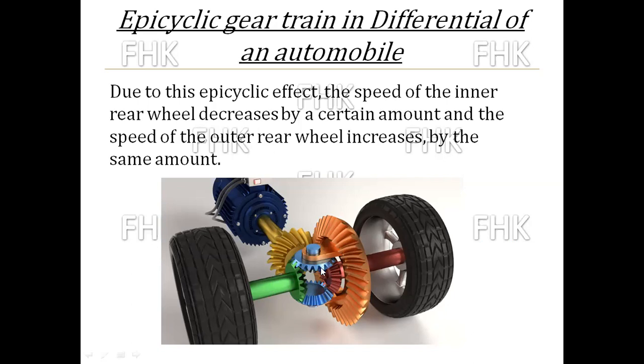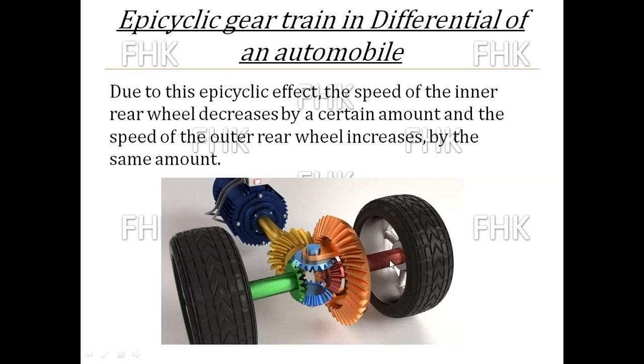But while taking the turn, these two blue planet pinions are spinning. The green sun gear is meshed with these two planet pinions, so that motion is transferred to the green bevel gear, which is again known as the sun wheel, and this has a different speed.